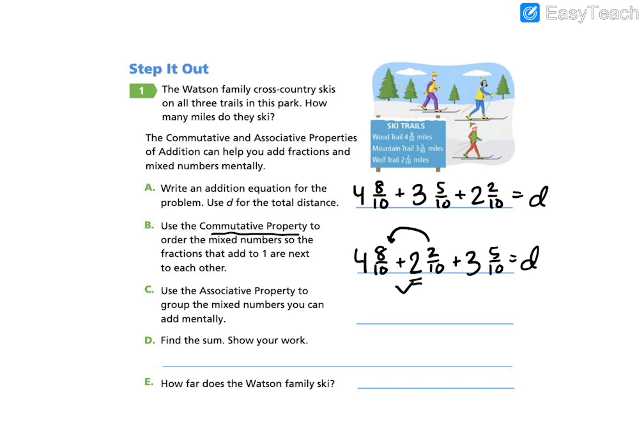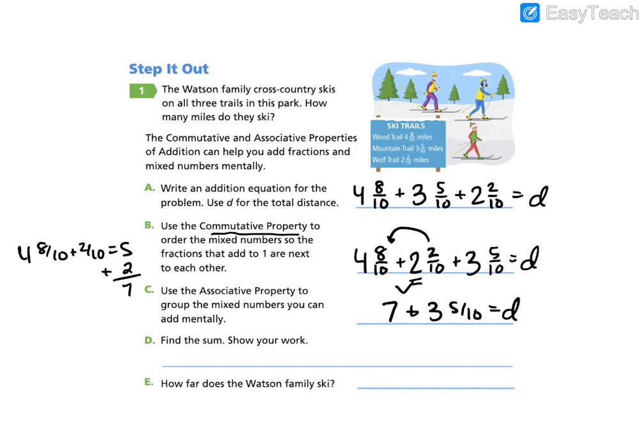Plus my additional 2 here will get me to 7, right? So what I'm saying here is 4 8/10 plus 2/10 equals 5. Plus the remaining 2 will give me 7. Plus 3 5/10 will give me the answer of the total distance.